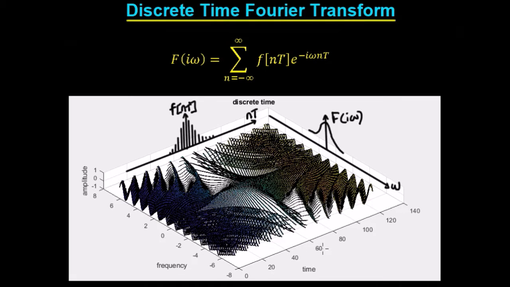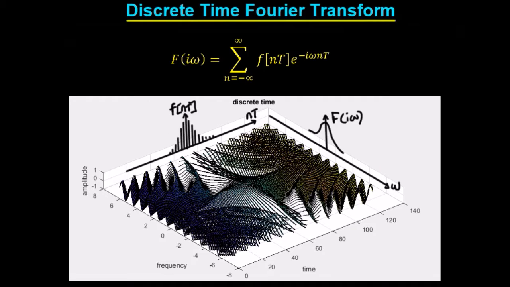So this is our time axis here. In the time axis only discrete values exist, but you can see the frequency axis is still continuous, but the time axis is discrete. So in order to do this discrete time Fourier transform, we take our function f of nT and it's going to modulate the surface. We'll see that in the next slide.